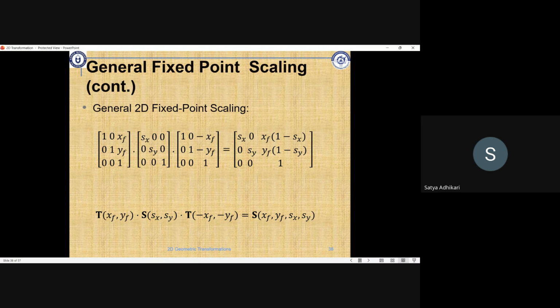So first translate to the origin and then apply the scaling matrix. And the third one, you see, is the inverse translation, to get our pivot point fixed at its original location. And if we multiply these, you will get the resultant matrix.